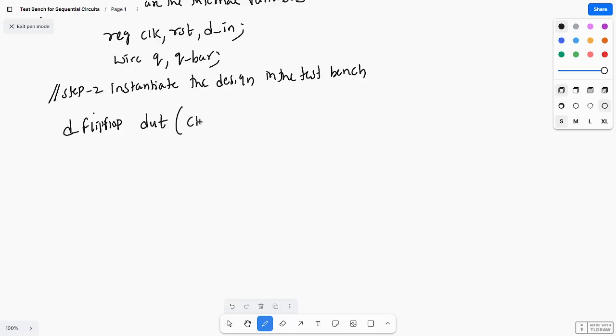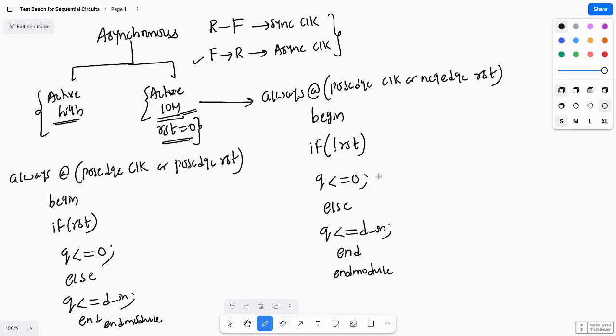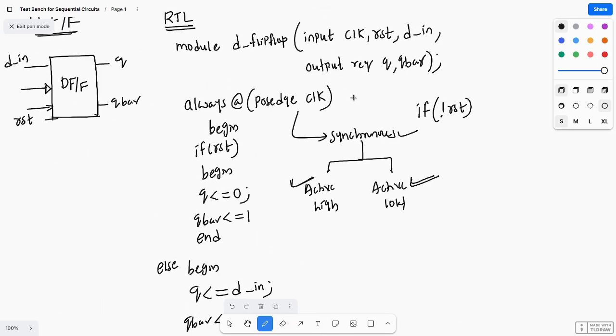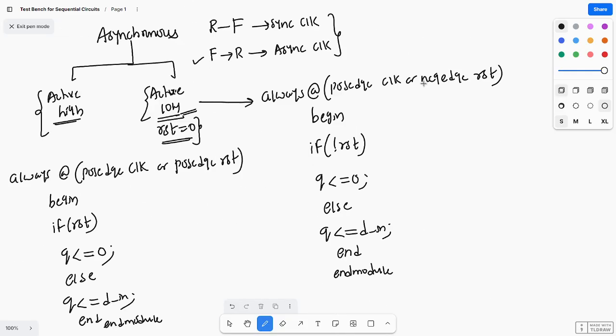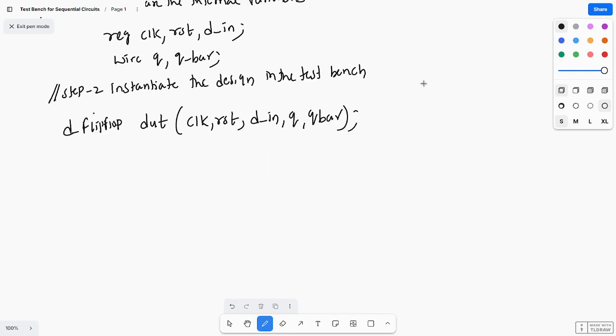Clock, reset, d underscore in, Q and Q bar. However you declared the inputs and outputs in the design, the same order you need to follow in the connection by position.